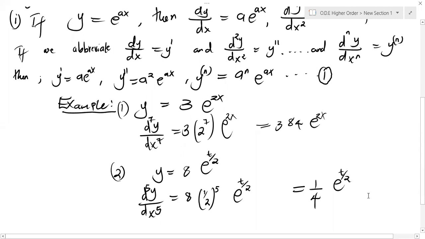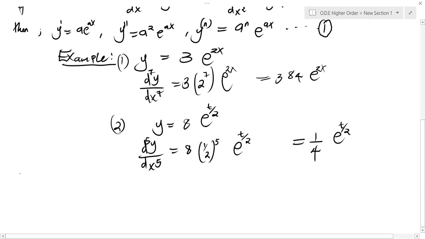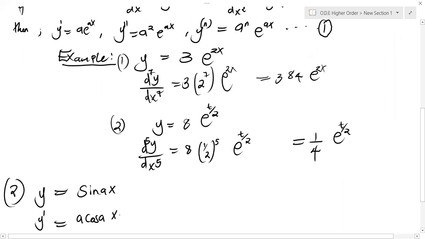Then we move on to how we would write the sine function. So the higher order differential coefficient for sine ax. If we have y being equal to an arbitrary sine ax, then what's going to be our y prime? Differentiating this, we will get a cos ax, which is obviously the same as a sine of ax plus pi over 2.